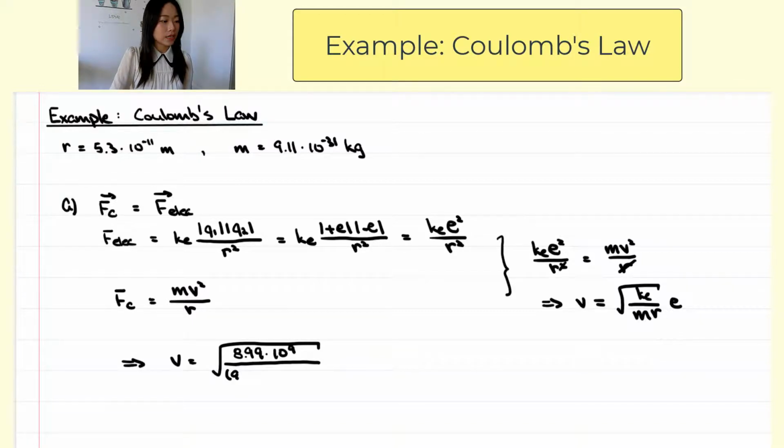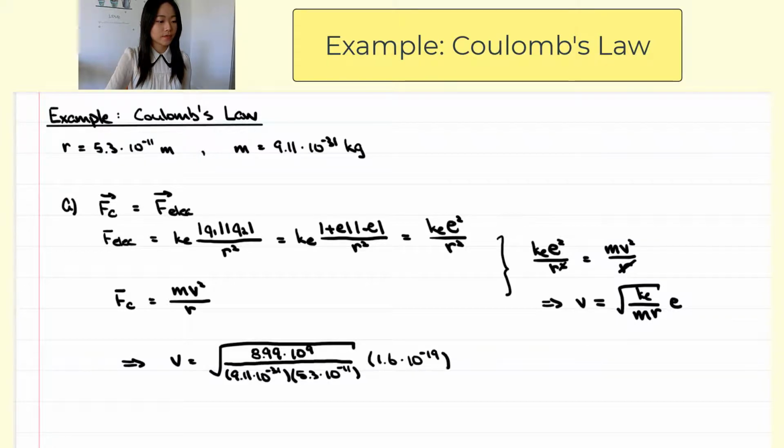Mass is 9.11 times 10 to the power of negative 31, and the radius is 5.3 times 10 to the power of negative 11. Then times e, which is 1.6 times 10 to the power of negative 19. And we get 2.18 times 10 to the power of 6, and the unit is meters per second.